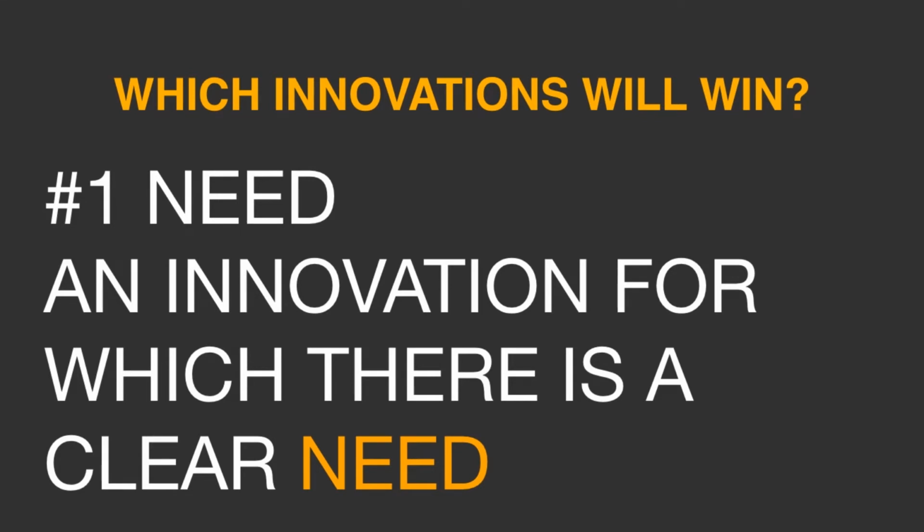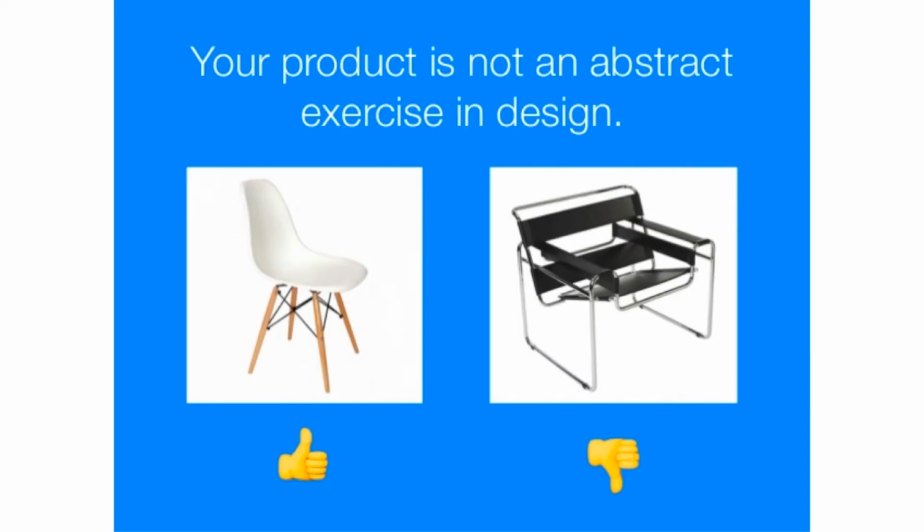Second, which solution from these two images will you prefer as a user? A solution that not only fulfills the need, but most importantly, it's usable. You're building it for someone so that they will use it.